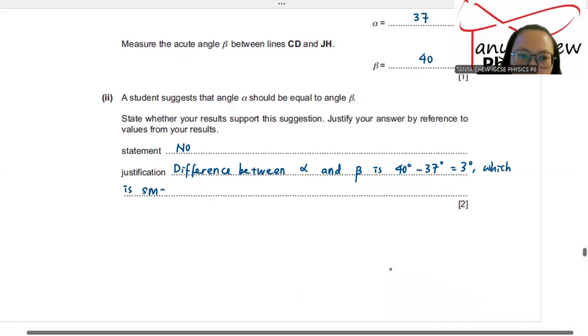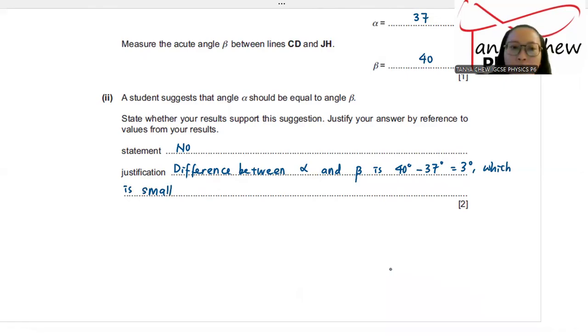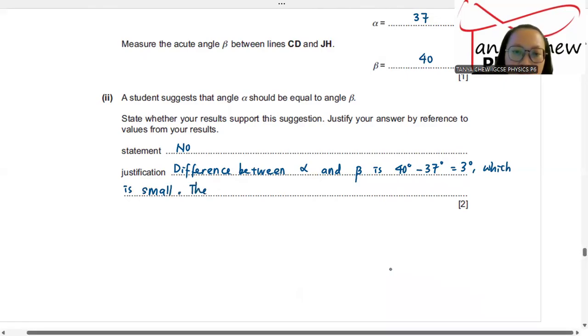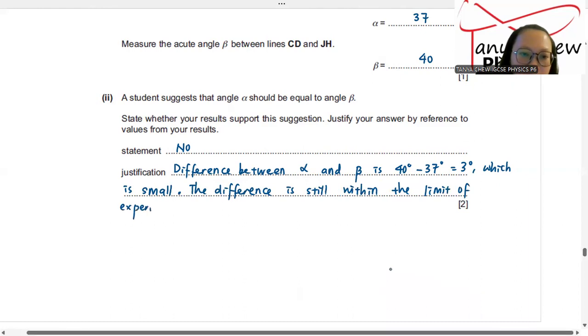So if you want to say small, the difference is still within the limit of experimental accuracy. That's it.